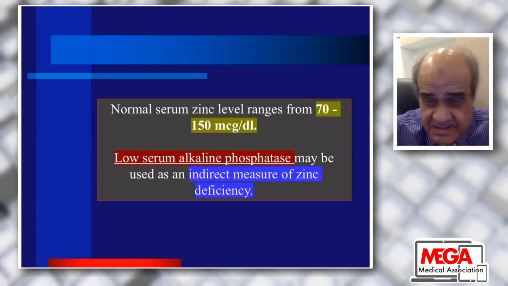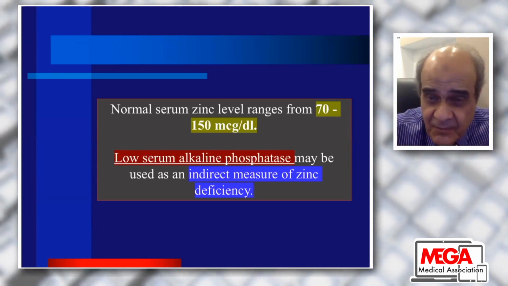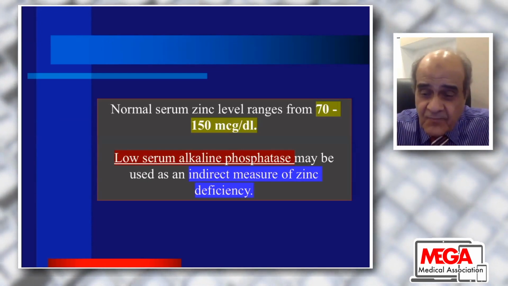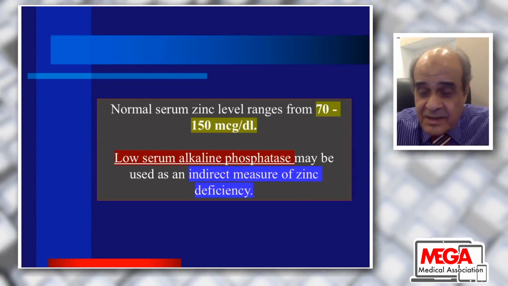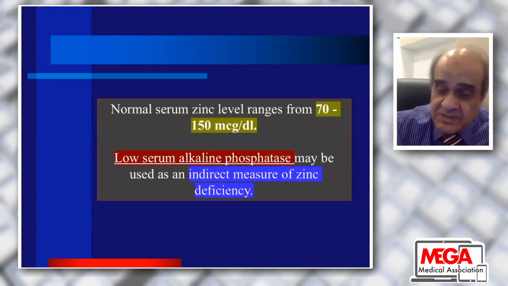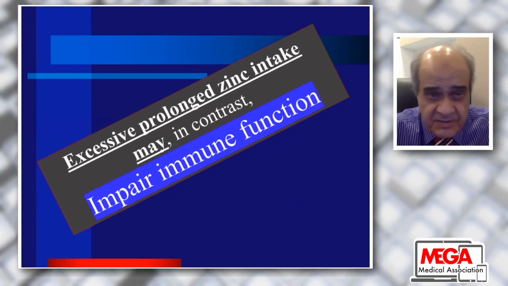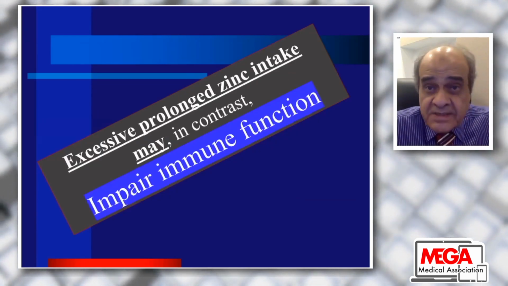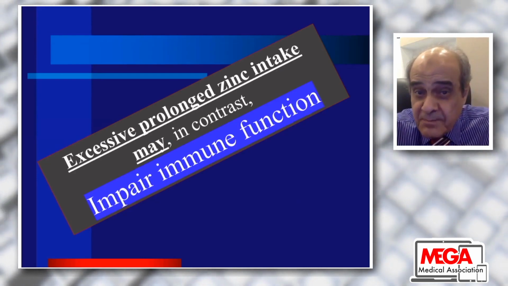As I said before, for estimating the concentration of a trace element, we can go through the functional evaluation of the enzyme system in which this trace element participates. Excessive prolonged zinc intake may lead to impaired immune function.